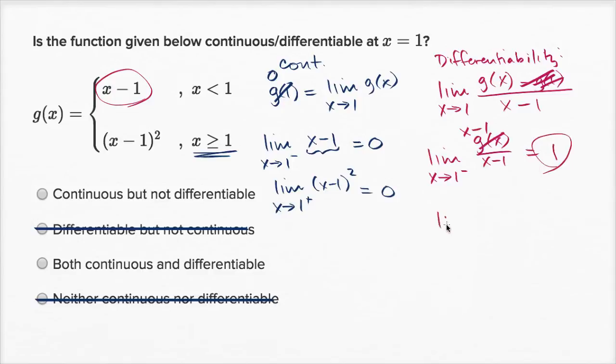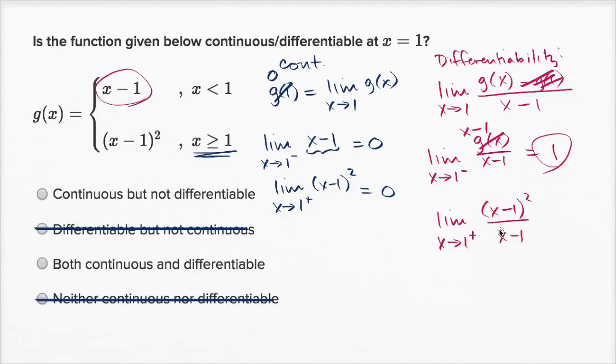Now let's think about the limit as x approaches 1 from the right-hand side of g of x over x minus 1, since g of 1 is just 0. What's g of x now? It's x minus 1 squared. So instead of writing g of x, I could write x minus 1 squared over x minus 1.